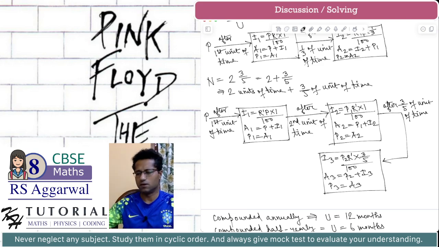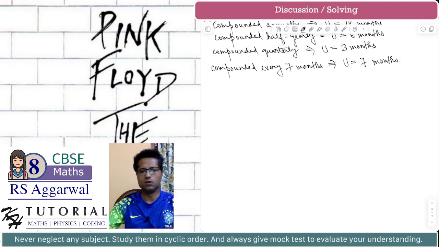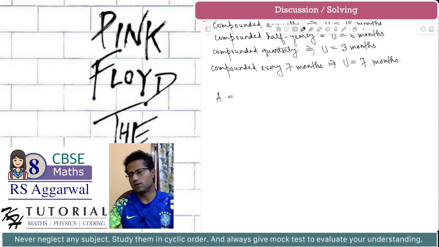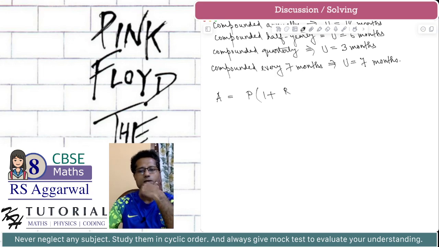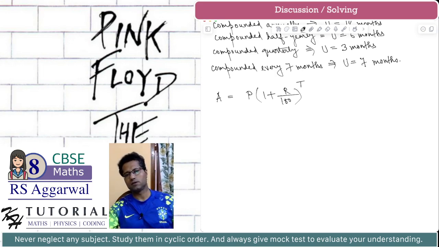You might already be knowing the formula for amount for a principal P at the rate of interest R. So this is the formula for the amount where the original principal is P and the rate of interest per annum is R for T years, and the interest is calculated or compounded annually.